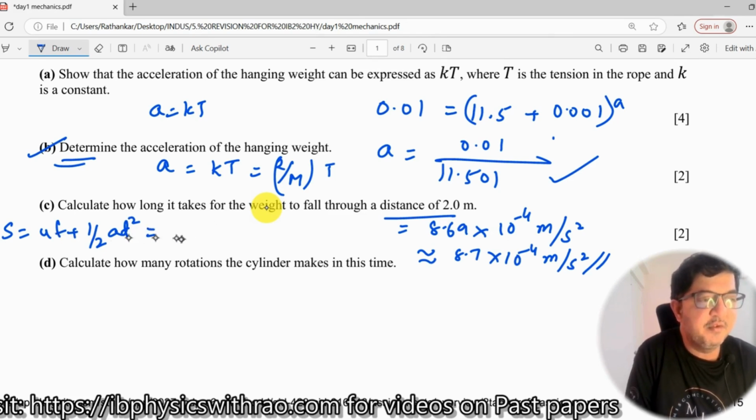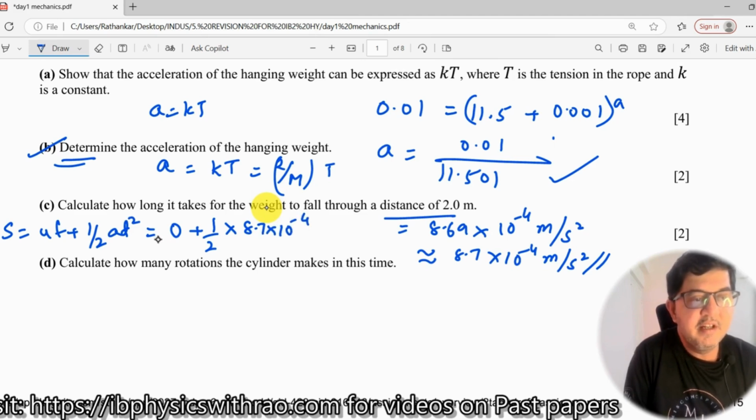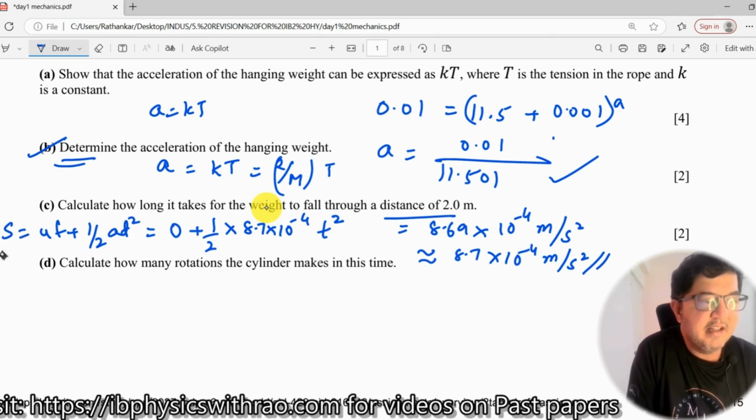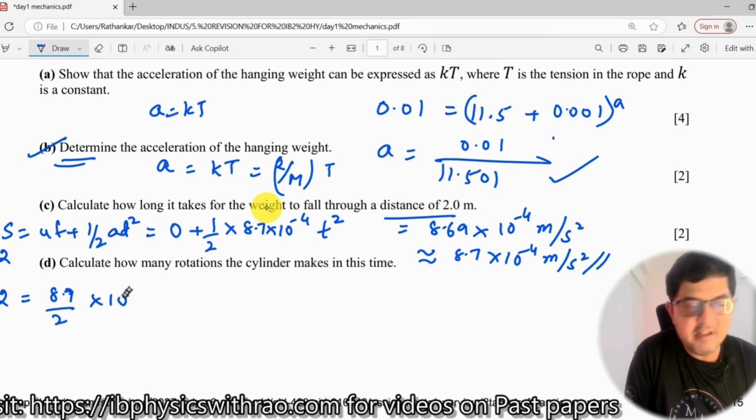What is the value of u? It is 0. So s is 0 plus half into the value of a, which is already known, 8.7 into 10 to the power of minus 4, into t square. Is the value of t square known? No. What is known is the s value, which is 2 meters. So I can say 2 is equal to 8.7 divided by 2 multiplied by 10 to the power of minus 4 into t square.